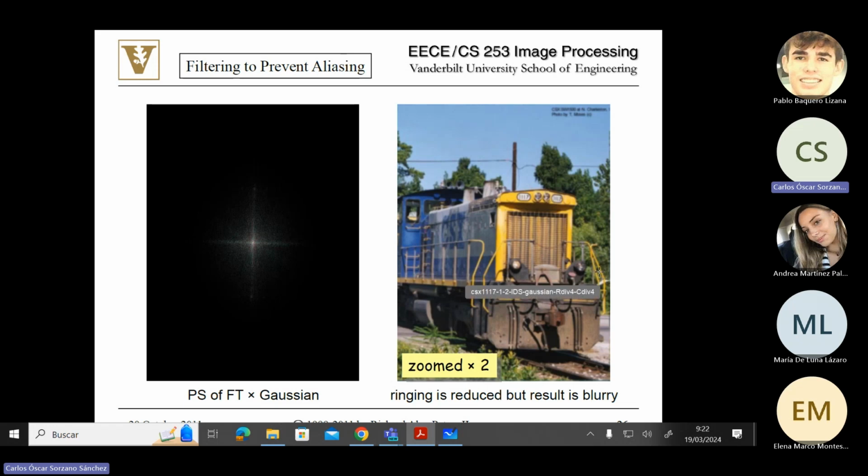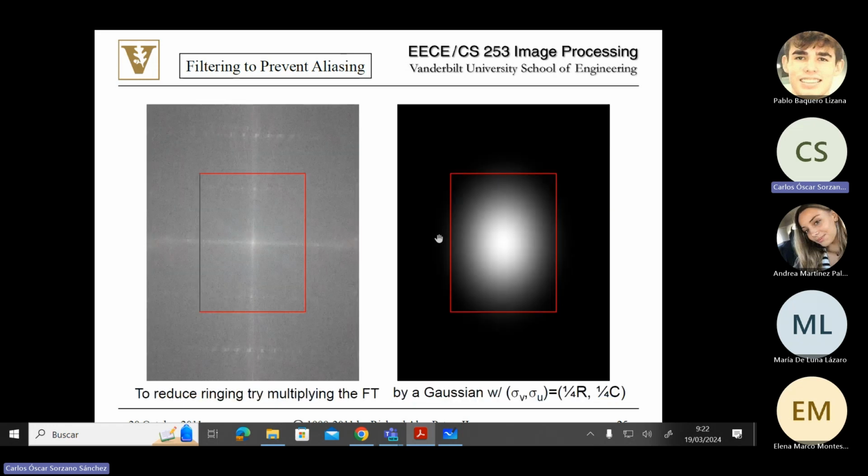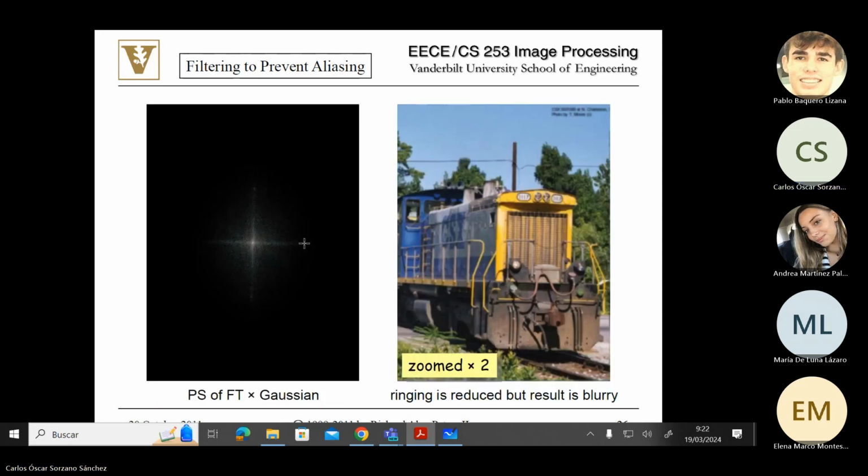The decimation will expand the spectra. Originally, this was minus pi and pi. After the decimation, this point will be minus pi and this will be pi. So you produce your decimated image and then you expand it. Now you no longer have aliasing.